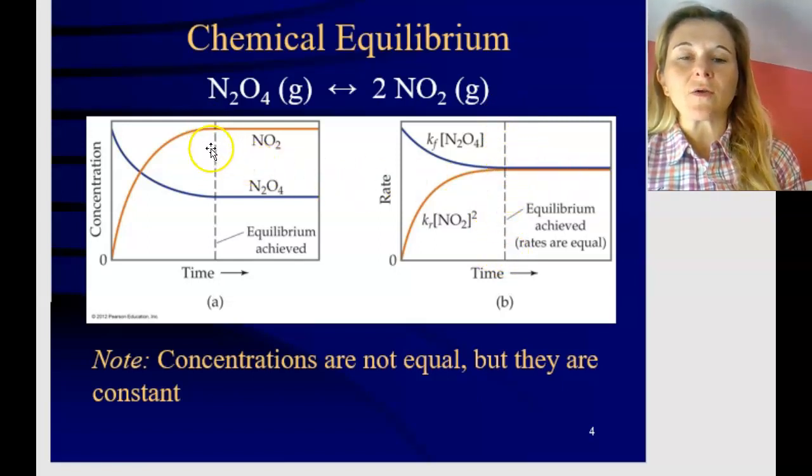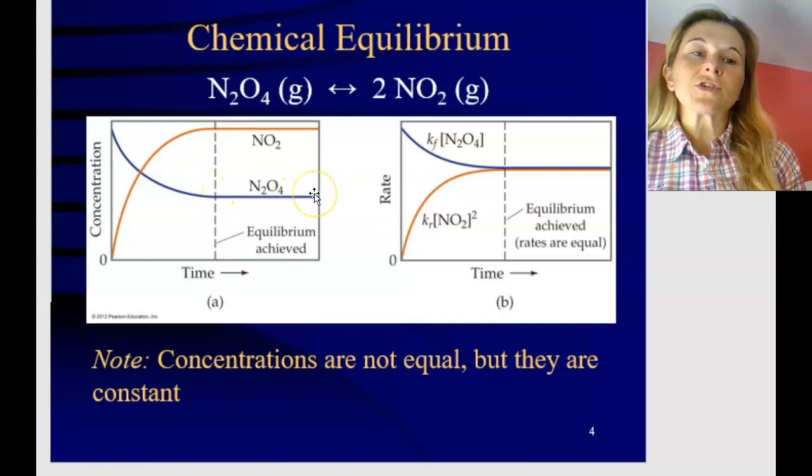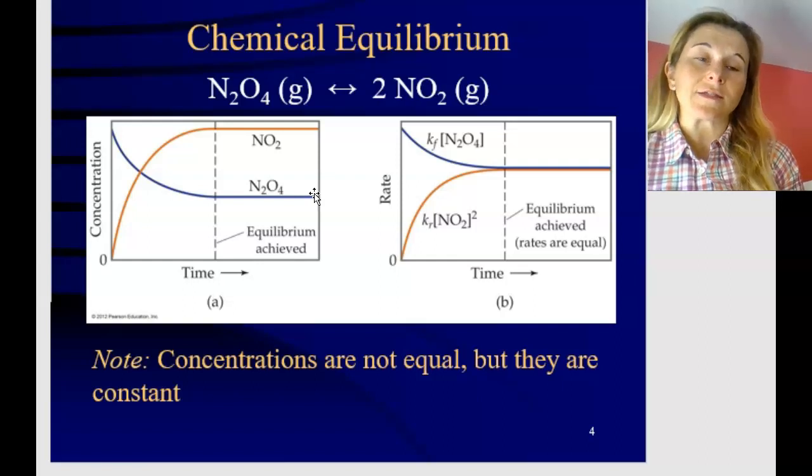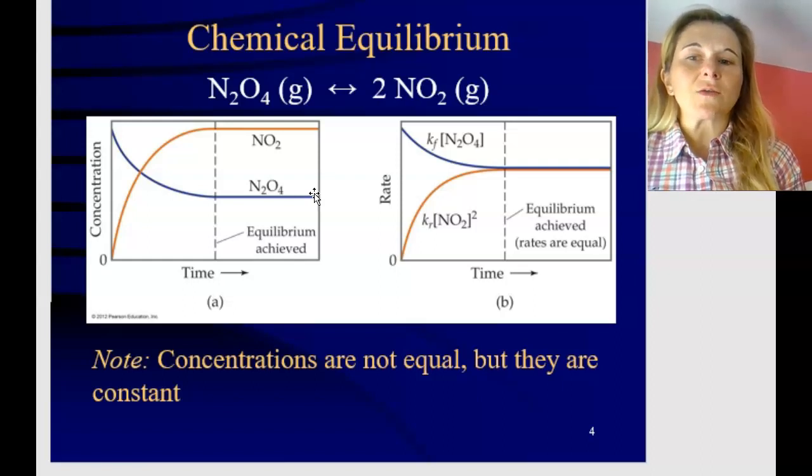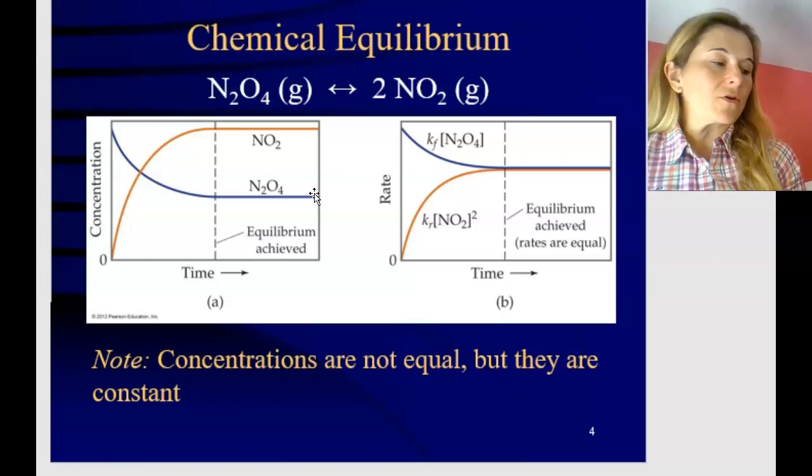And we see over here when we look at concentration that equilibrium for concentration means that our concentrations of products and reactants are now going to be constant, but it does not mean that they're going to be equal. That's a huge, huge point for us to understand when we're talking about chemical equilibrium.